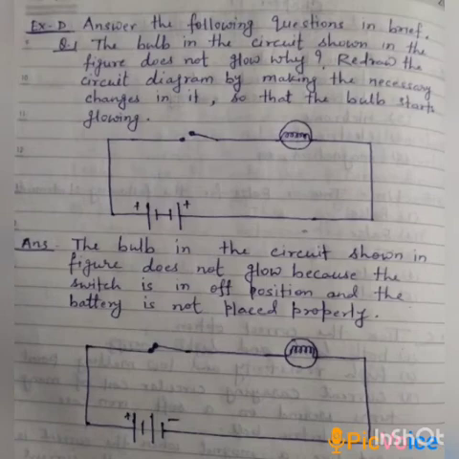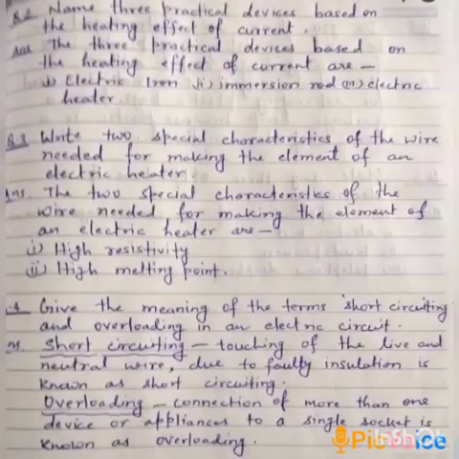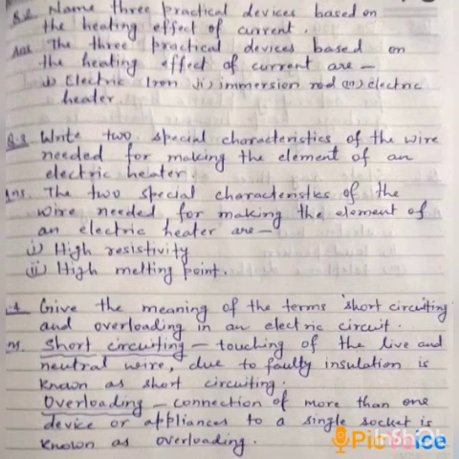Now question number 2. Name 3 practical devices based on the heating effect of current. The 3 practical devices based on the heating effect of current are electric iron, immersion rod, and electric heater. Now question number 3.